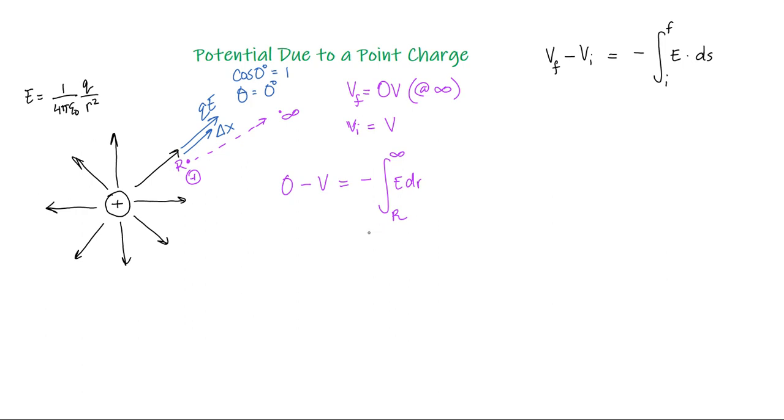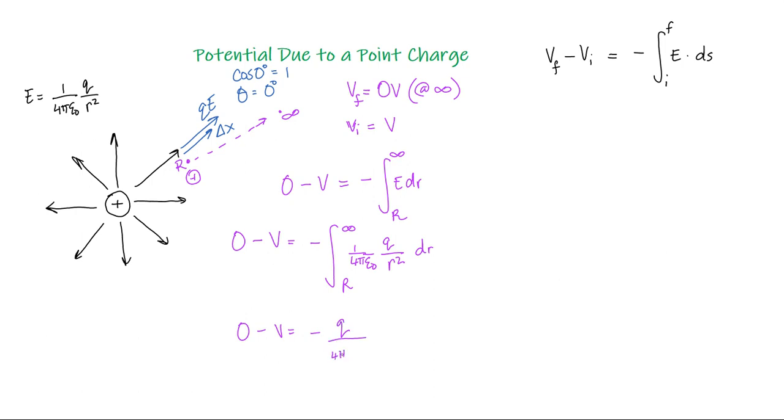Now what I'm going to do is substitute in this expression for E. So we have 1 over 4 pi epsilon naught times q over r squared dr. There's a whole lot of constant stuff over here, so let's go ahead and pull all of that out.